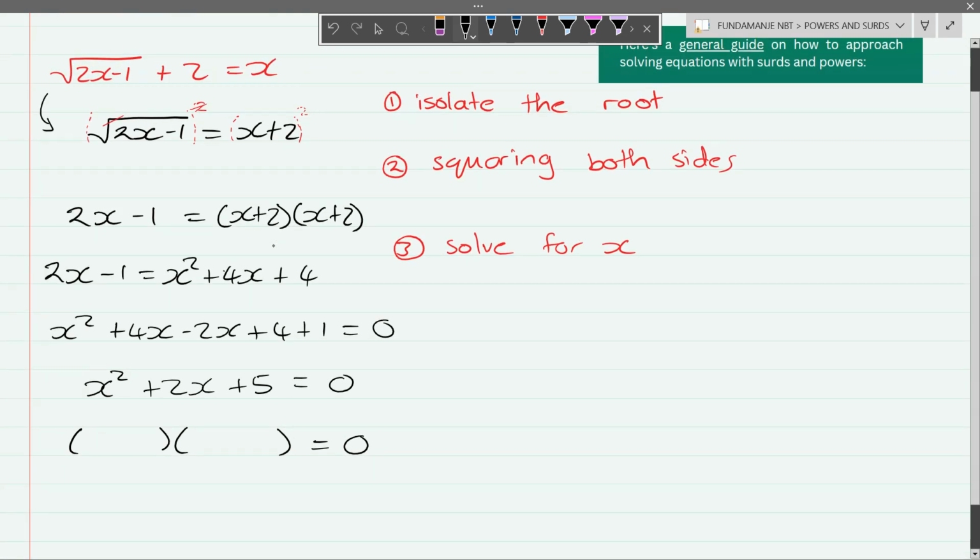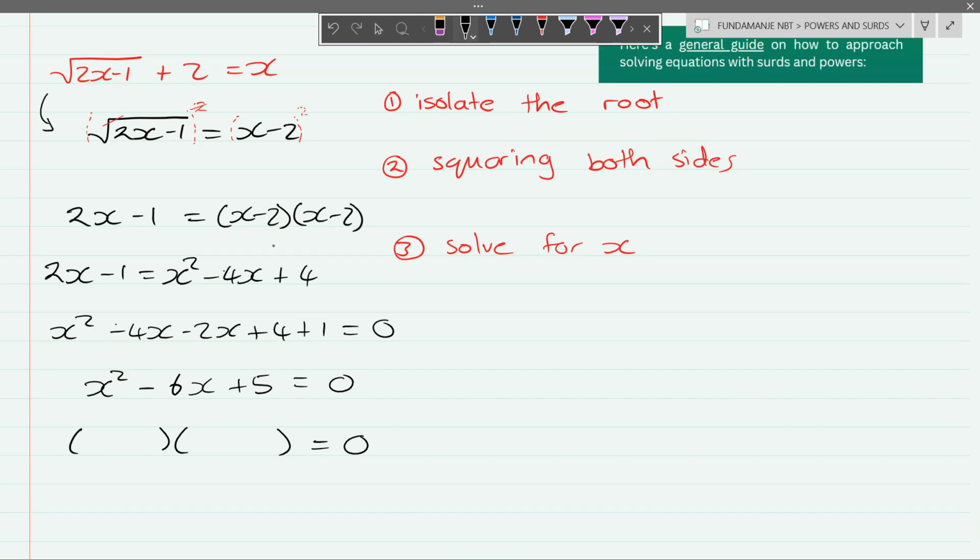So let us see where the problem is. Okay, debugging: I find that when I took 2 to the other side, I didn't change its sign, so it's actually supposed to be minus 2, meaning this will be minus 4x. So minus 4x minus 2x gives us minus 6x.